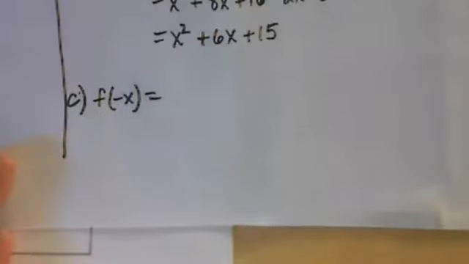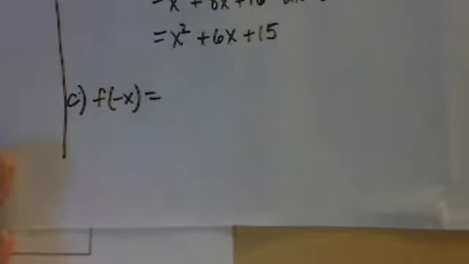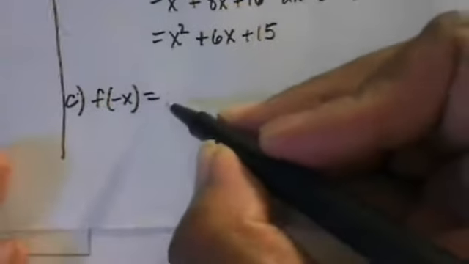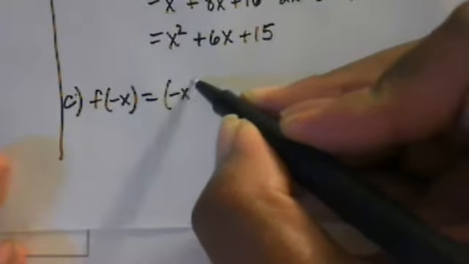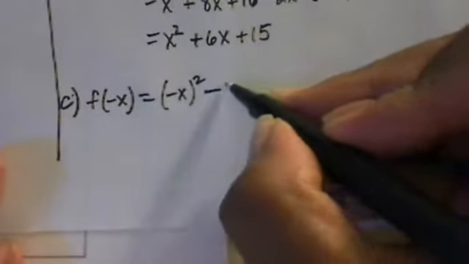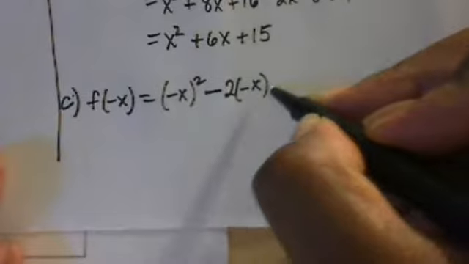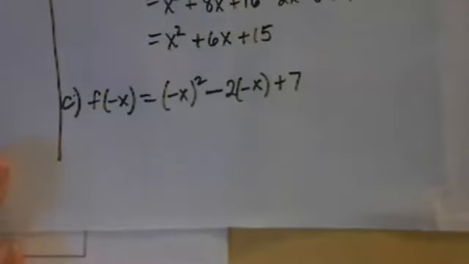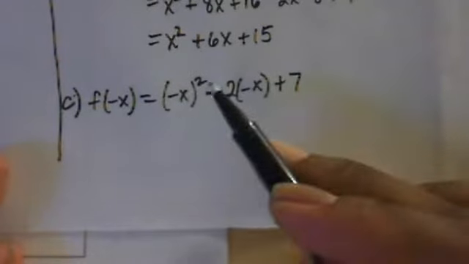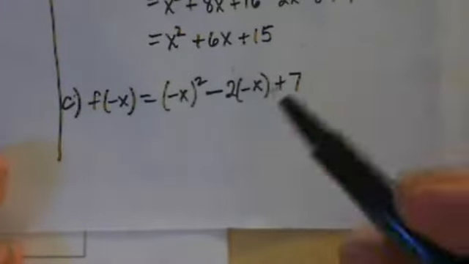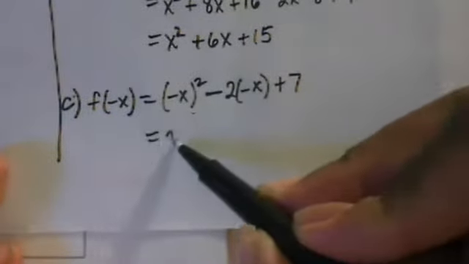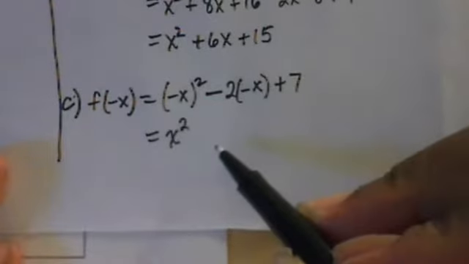Now part C is that same function, but this time you're going to evaluate f of negative x. And in this case here, you replace each x with negative x. So you have negative x, and that's squared, minus 2 times negative x plus 7. Now if we simplify that, negative x squared is negative x times negative x, which is a positive x squared.